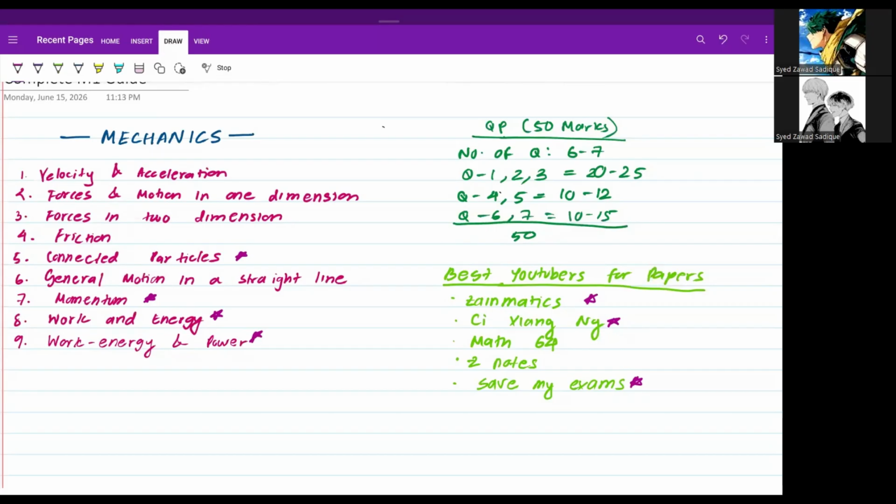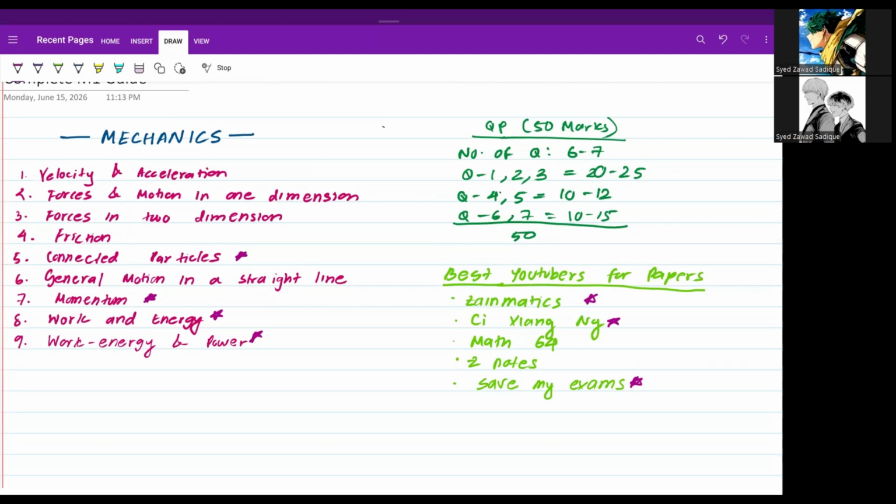Sometimes you'll see that work, energy, and power, chapters 8 and 9, have combined questions in questions 6 and 7 of the question paper, and they're very hard. They're one of the toughest questions to solve. In some years, they are part of questions 1 and 2, and you'll get easy questions where you can easily get 10 full marks.